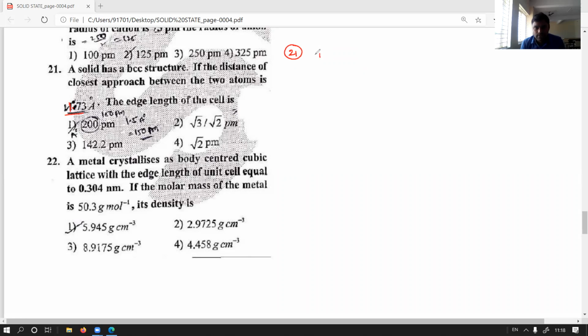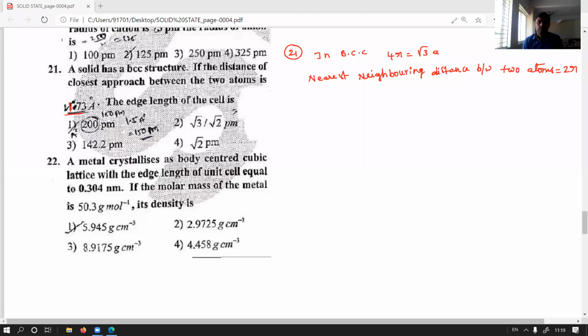Okay, in BCC, body centered cubic crystal, 4R is equal to root 3 A. It's very clear. And another important point for solving A: what they give, closest approach or nearest neighboring distance between two atoms, is equal to 2R.